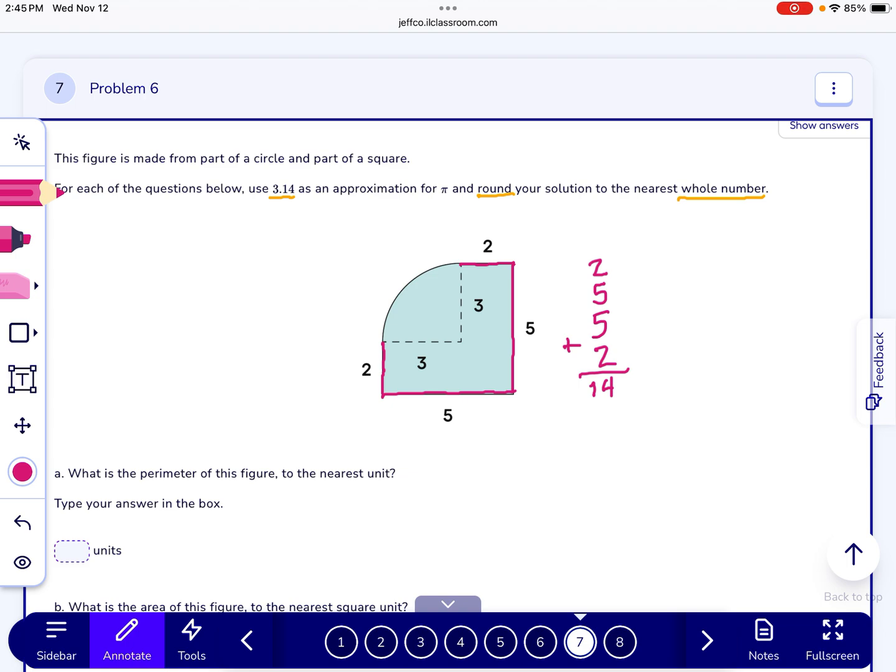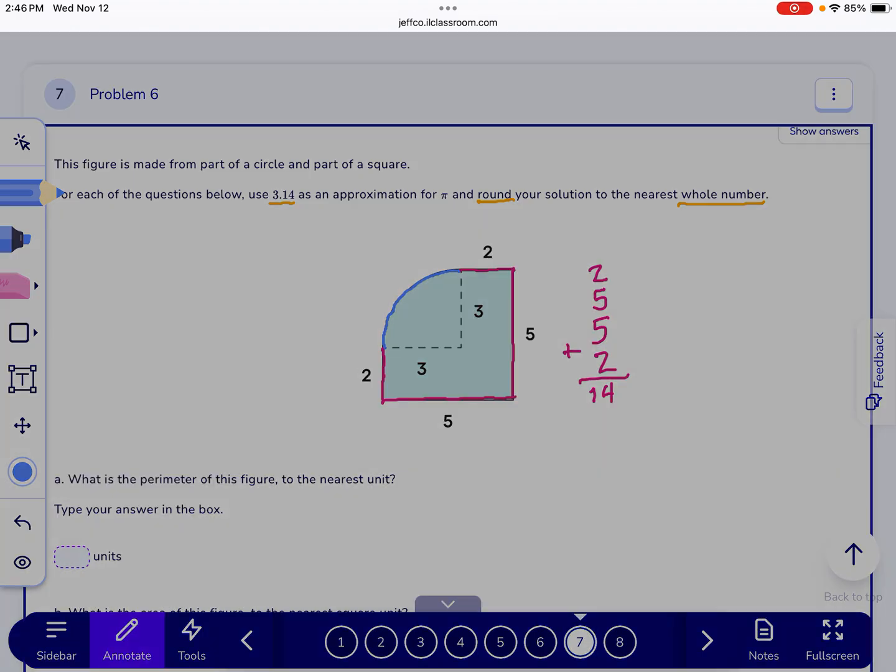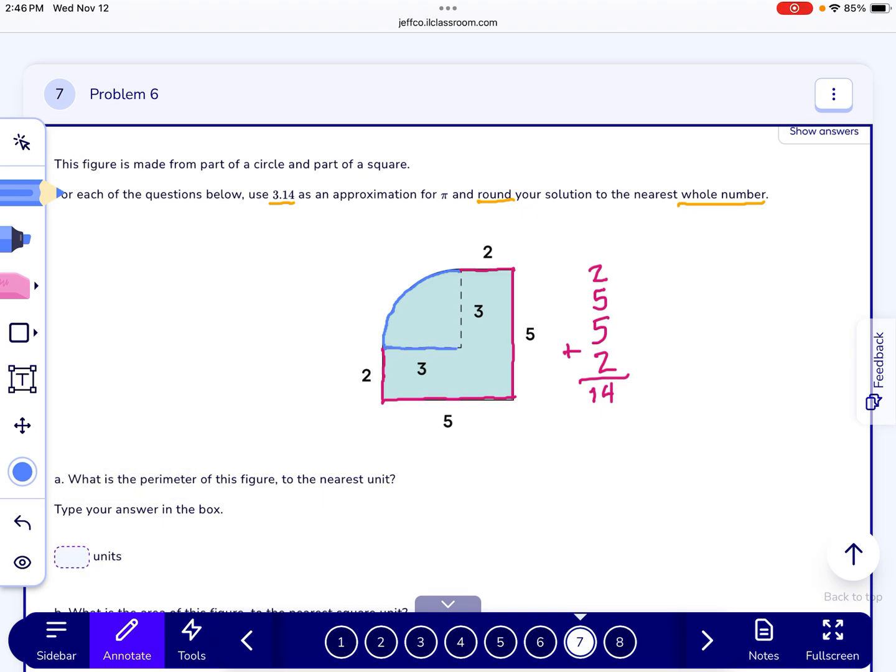All right, and now this is not a whole circle, this is part of a circle, it's a quarter of a circle. So when we do circumference, we need to take the circumference and divide it by 4. Okay, so for circumference, we have the radius right here.